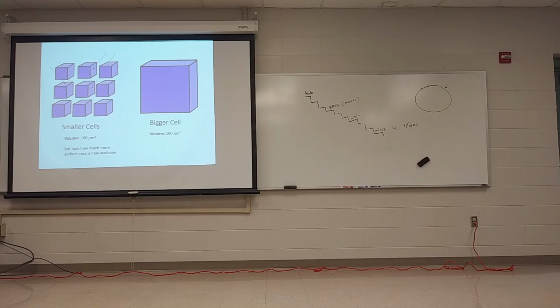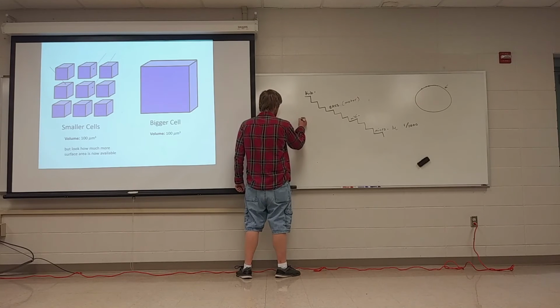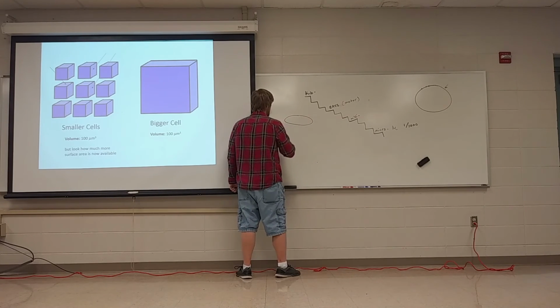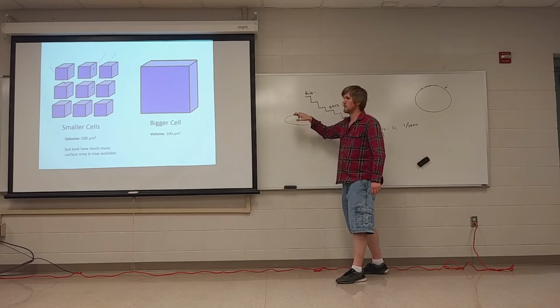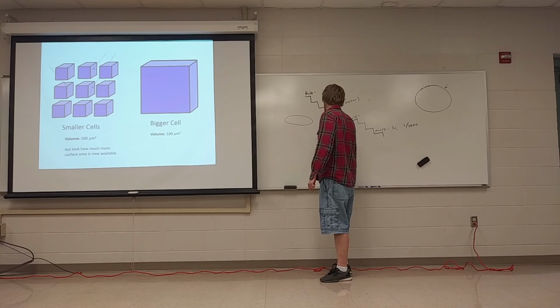A good way to think about it is if you like to cook chicken, if you've got one giant slab of chicken, right? I'm not even going to try to draw it in the shape of a chicken. If you've got one giant slab of chicken and you try and cook that, it's going to take a lot longer to cook than if you chop it up into small pieces.